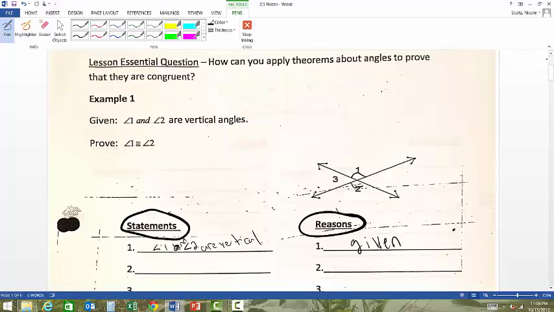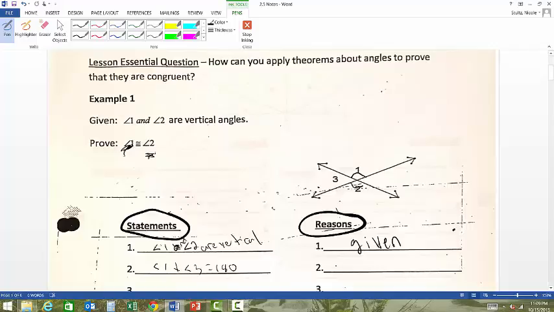So we have to keep in mind our end result is we want to get an equation built up, and I want to have angle 1 on one side and angle 2 on the other. An equation that I could make from this picture is I could say that angle 1 plus angle 3 equals 180.